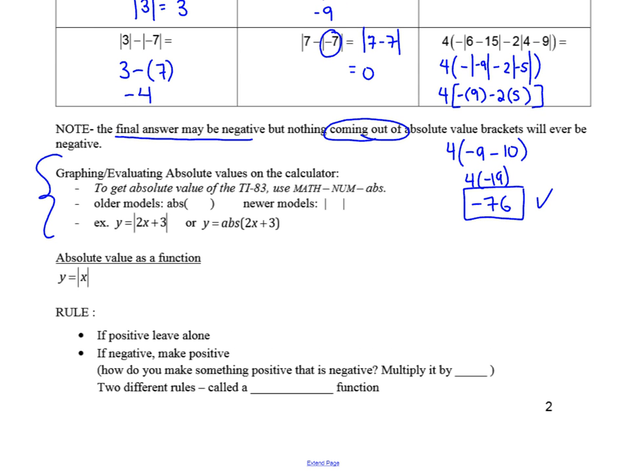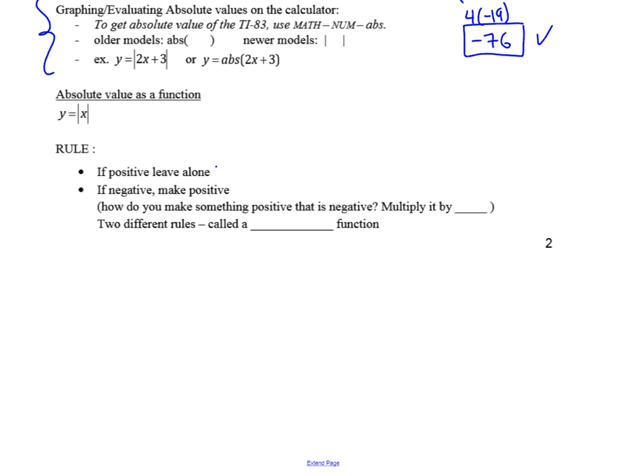So if you have y equals the absolute value of x, we're going to actually graph that right away. If it's positive, we leave it alone. So for example, if you have the absolute value of 3, okay, that equals 3.